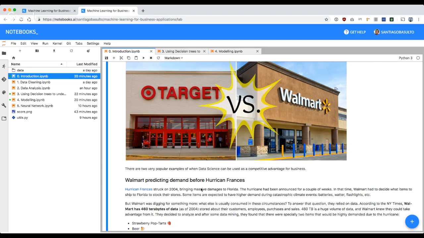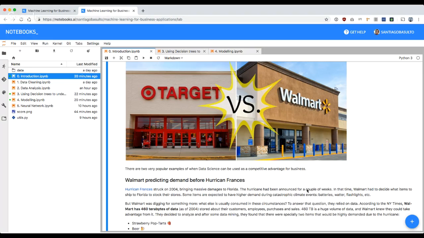The Walmart board needed to stock those stores with the appropriate items. So what should we bring to a Walmart store in a city that is about to get hit by a hurricane?